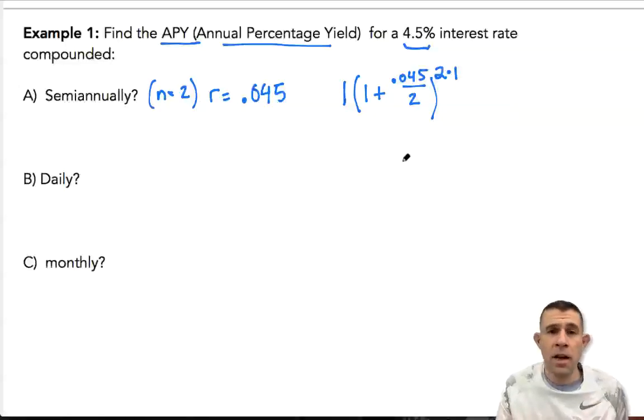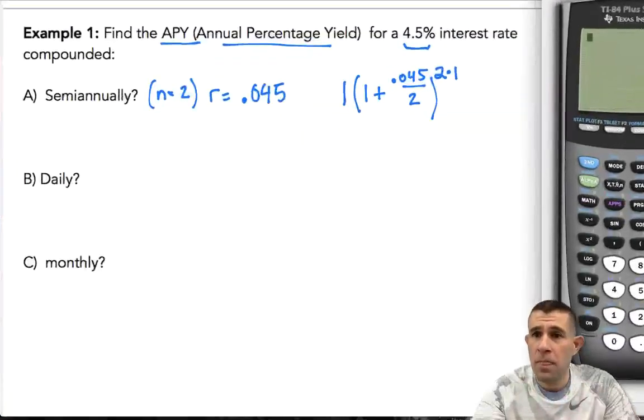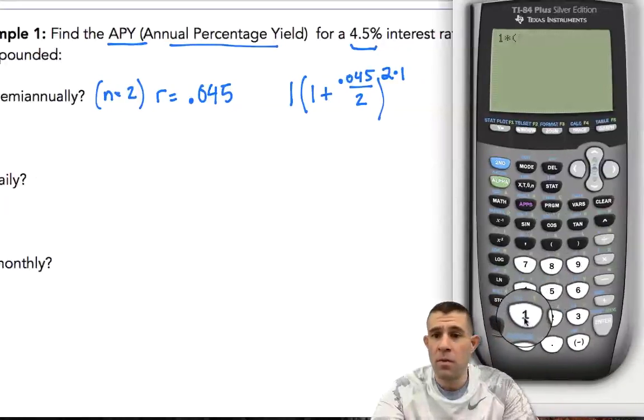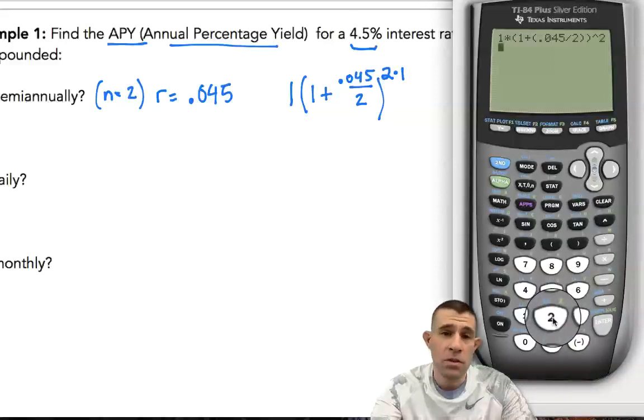Okay, now how do we enter this into our calculators? So let's pull out our graphing calculator, and we're going to enter in 1 times, and then we're going to open up a set of parentheses, and we're going to say 1 plus, and now we're going to open up another set of parentheses and do our 0.045 divided by 2, close one set of parentheses. Now we can close the second set of parentheses, and we're going to raise that to the 2 times 1, which is just 2.